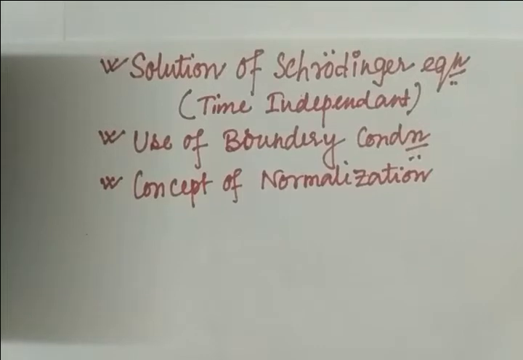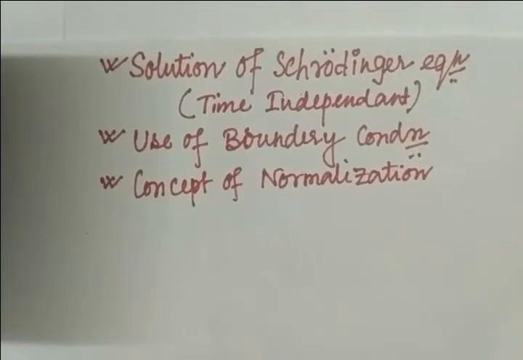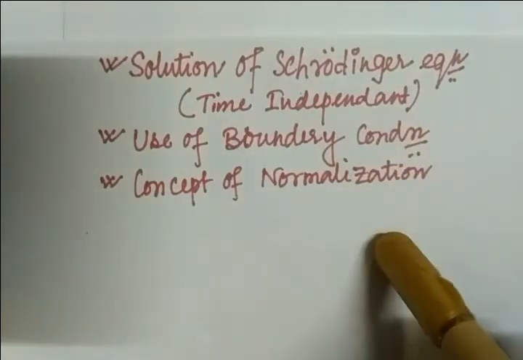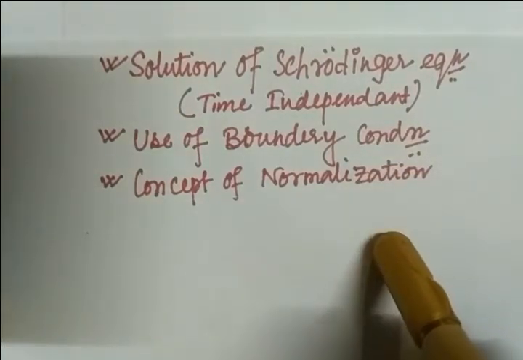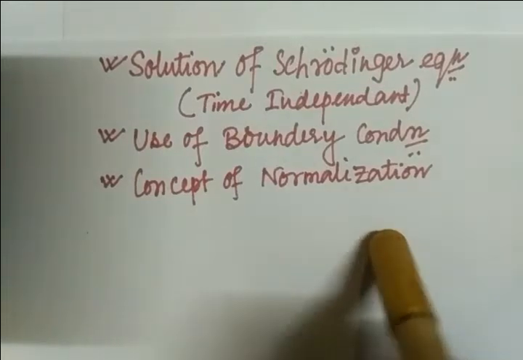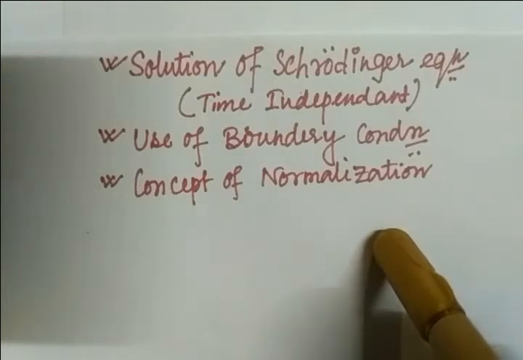And last but not the least, the concept of normalization. I think these three points will clearly explain how to solve this time independent equation. After solving it, we will get the solution for psi and E, that means the energy of the particle in quantum.